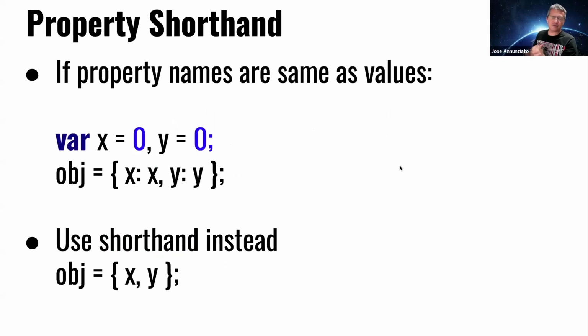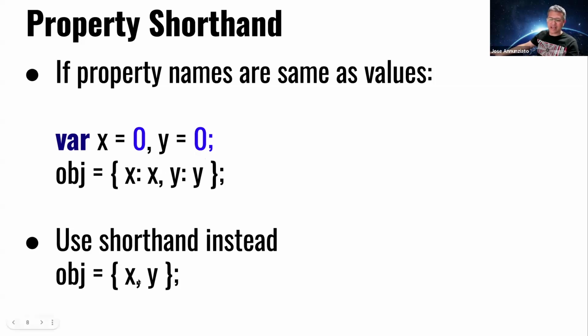Also introduced in this version, one of the overarching goals was to make the language much more compact. So, for instance, if you have an object where we are declaring a property whose value is a variable, and here's another property whose value is a variable, and the names of the variables are the same as the names of the properties, then you can use the shorthand of just dropping the value name.